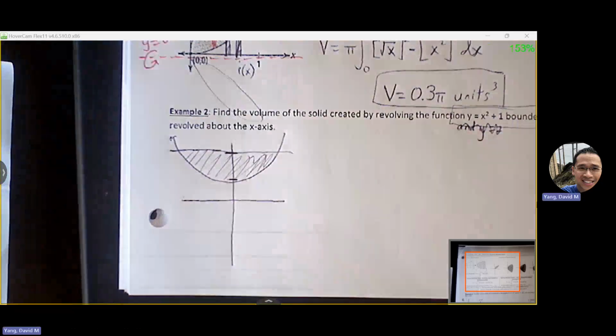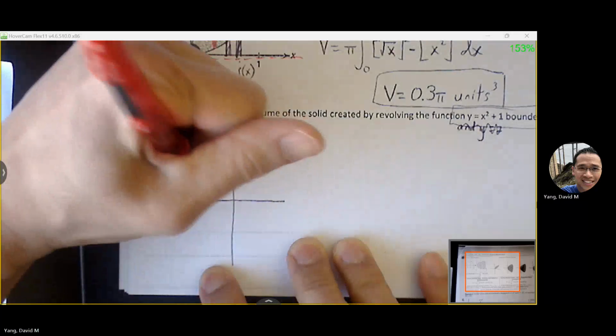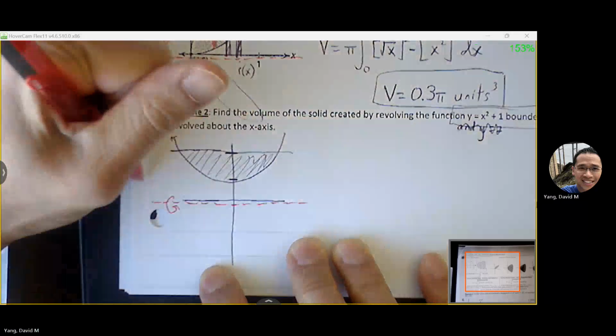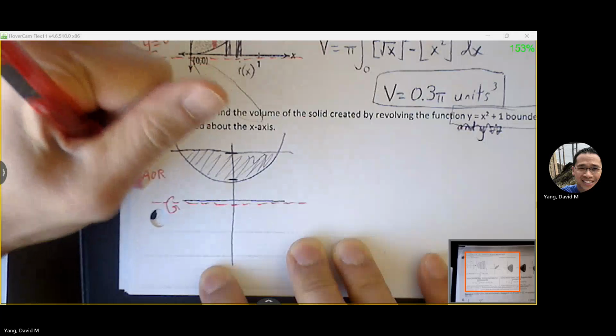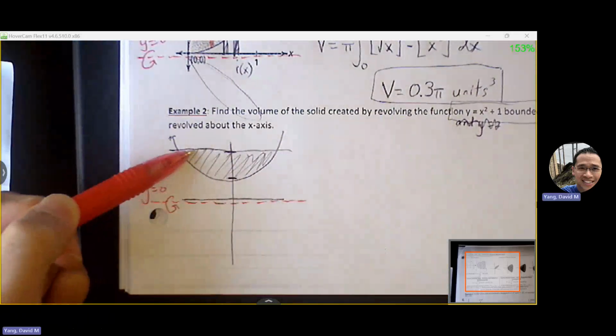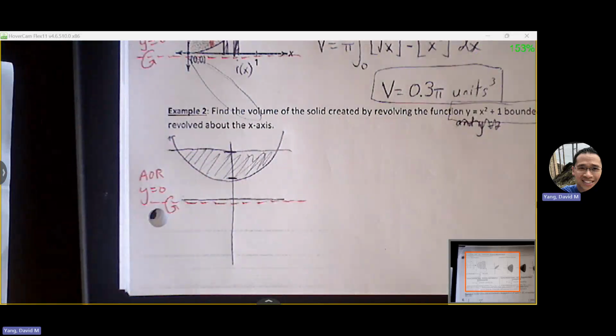And we're rotating about the x-axis. So x-axis is down here. So imagine rotating this around this line. It's going to end up looking like a weird shaped ring, a ring that is kind of curved on the inside, but then kind of flat on the outside.